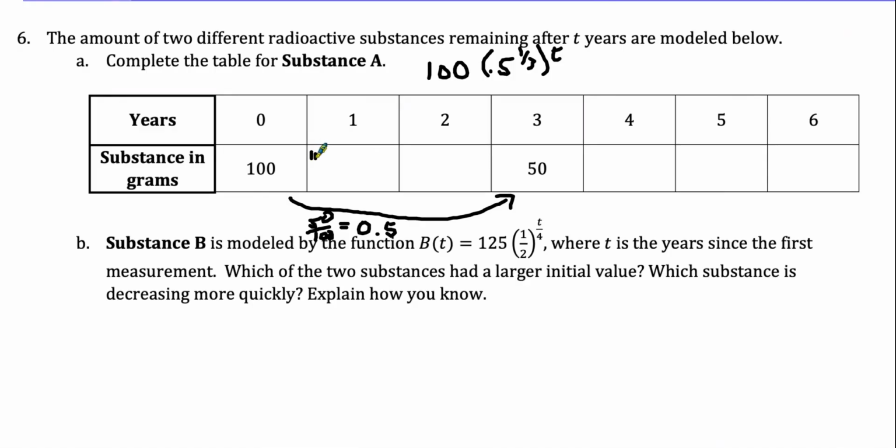So for this first one, 100 times 0.5 to the 1/3 to the first power, then 100 times 0.5 to the 1/3 to the second power, and so on. I'm just doing that for every single one of these, just plugging in 1, 2, 4, 5, and 6.